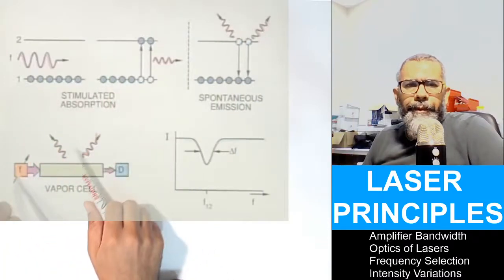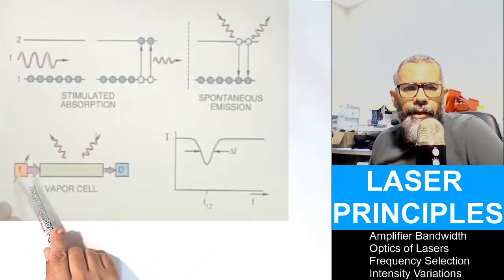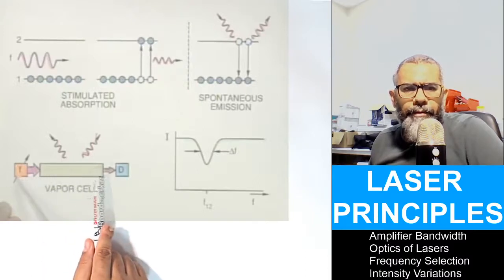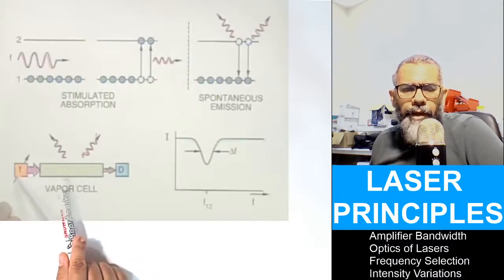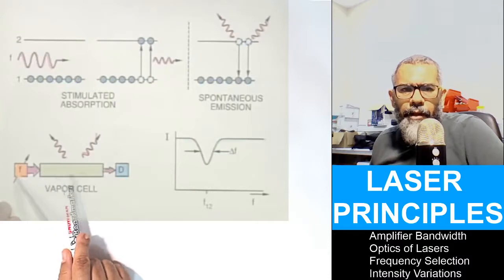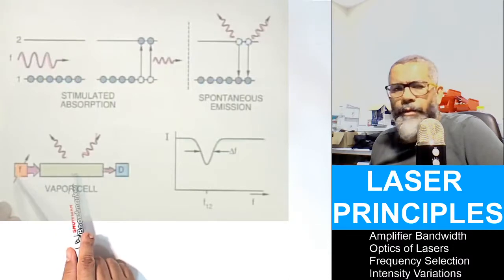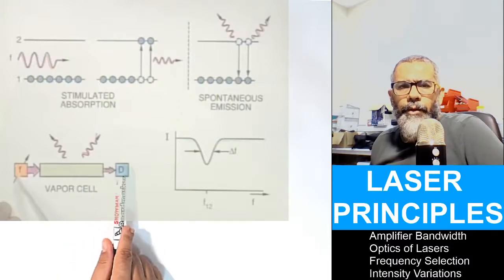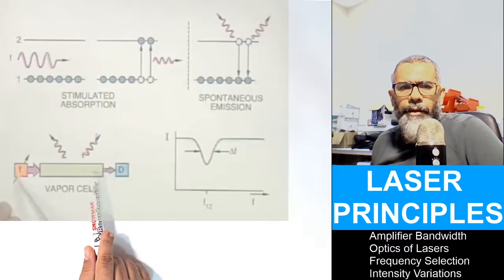So what you see over here is a vapor cell, which acts like a medium of atoms that are initially in the ground state, and over here you have a detector that detects emitted light.